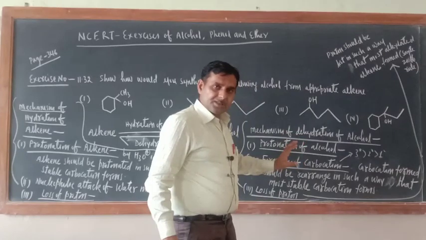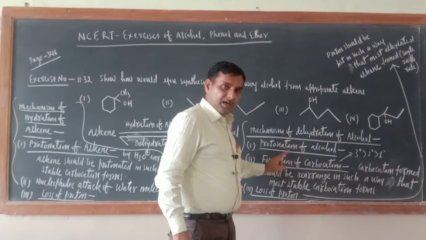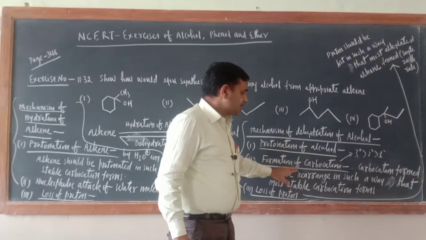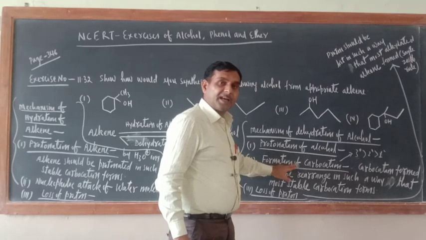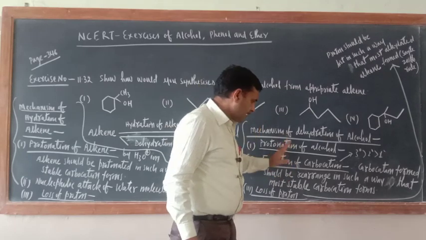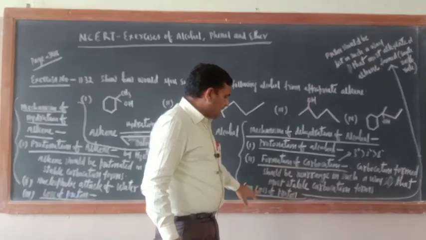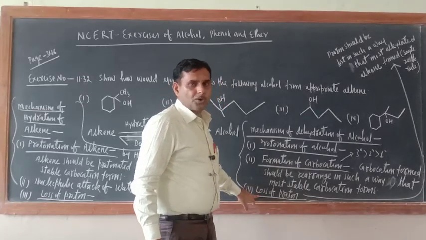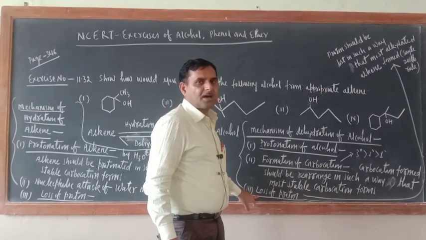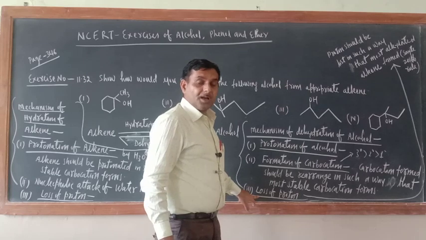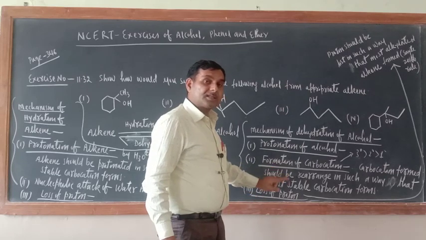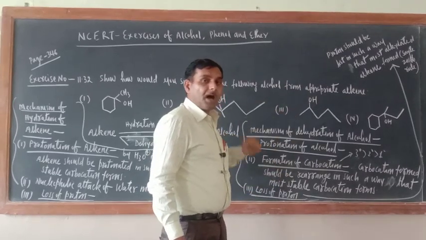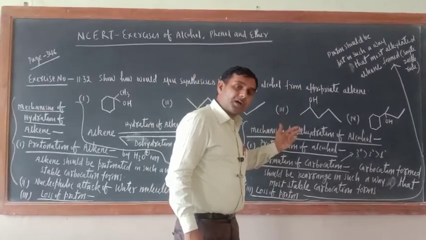In 2 degree alcohol dehydration, this needs to be taken care of. The third step is loss of proton. You have formed the stable carbocation. Now a proton should be lost so that the alkene can be formed. And from where should the proton be lost?